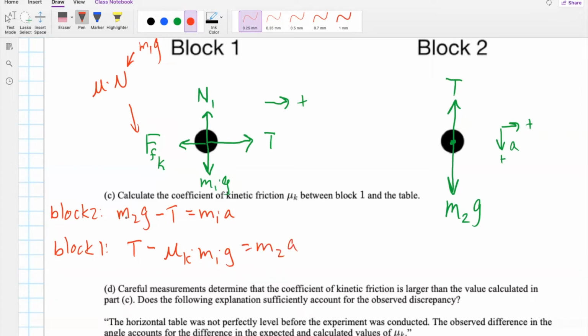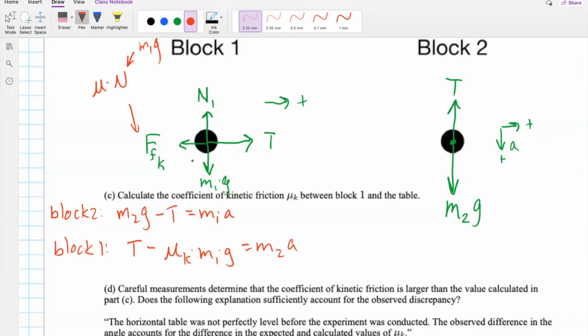And so when we do it with this approach, whatever accelerations we get here, we're just going to plug in their magnitudes because they are consistent with the direction of motion and the net force. Here I'm saying that the larger force is M2, the net force is downward. So M2 minus T is going to yield a positive value as its result. So the acceleration here would be positive. For block 1, T minus friction, well, I'm saying to the right is positive here.